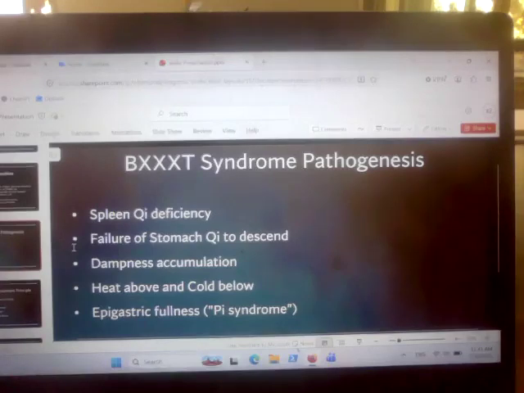Here, the heat above means the heat in the upper body, and the cold status in the lower body of the patient. The fifth pathogenic factor is called epigastric fullness, which in Chinese is called the Pi syndrome.